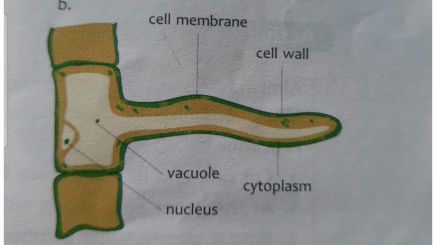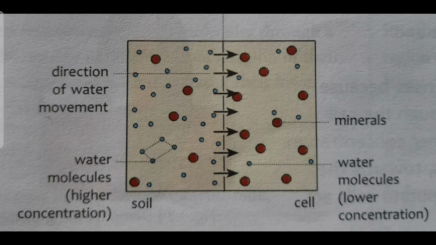Now we are going to discuss the absorption of water. This is the picture of the absorption of water. Water is absorbed by the root hair cells by a process called osmosis. Osmosis is the movement of water through a semi-permeable membrane from an area of its higher concentration to an area of its lower concentration.